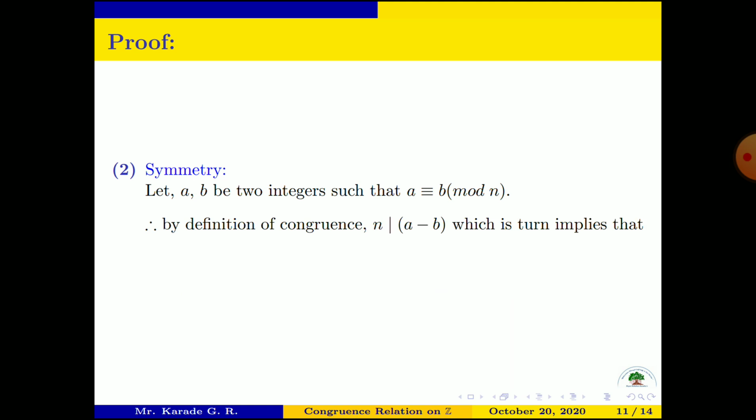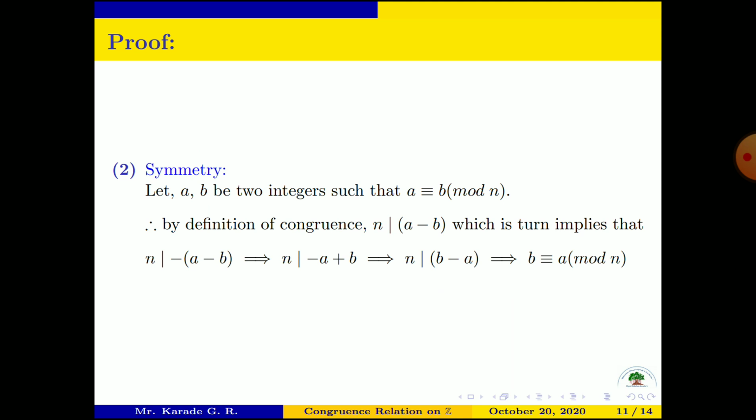Therefore, by definition of congruence, n divides the difference a minus b, which in turn implies that n divides the negative of a minus b, that is n divides minus a plus b, and this implies that n divides b minus a.